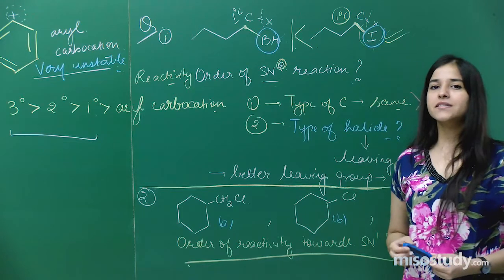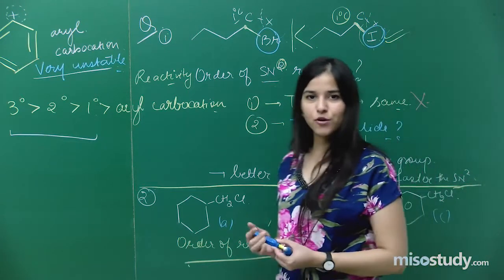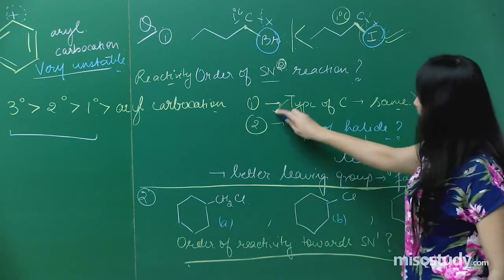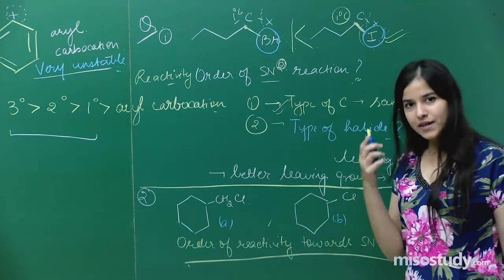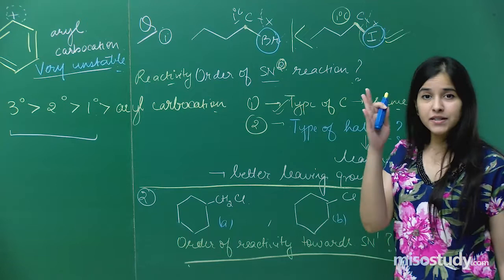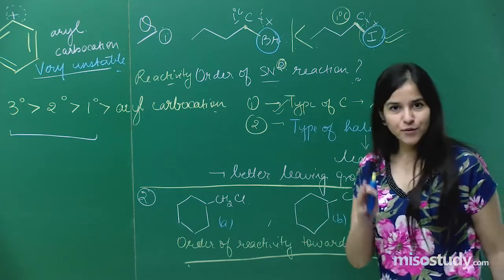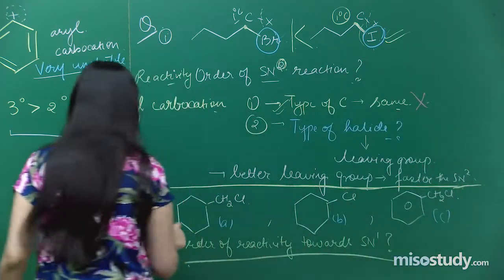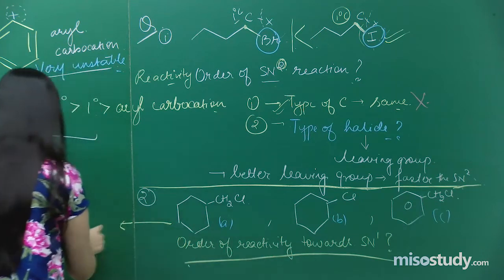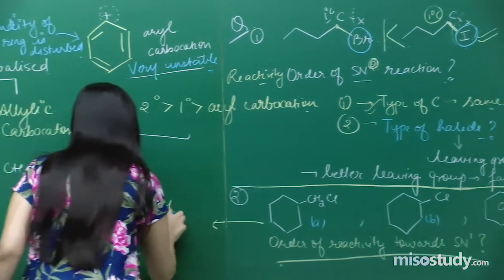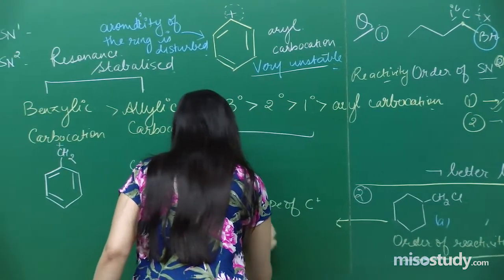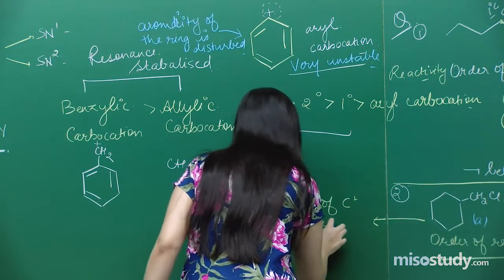You need to look at the type of carbocation that is formed, right? In SN1, we observe not the type of carbon, but a better version of it, the carbocation. So let me write it over here: type of carbocation formed.